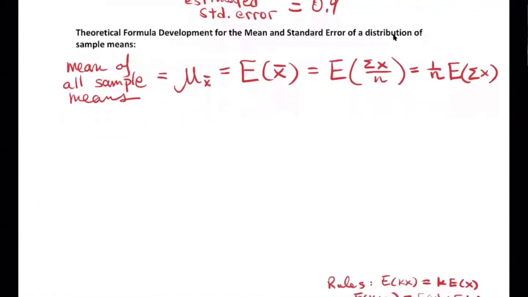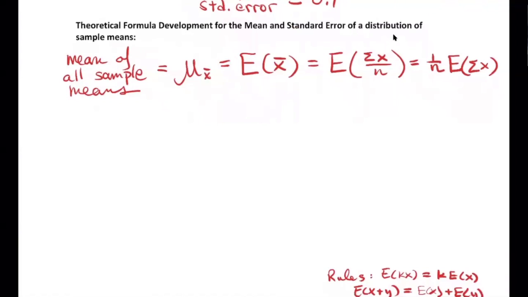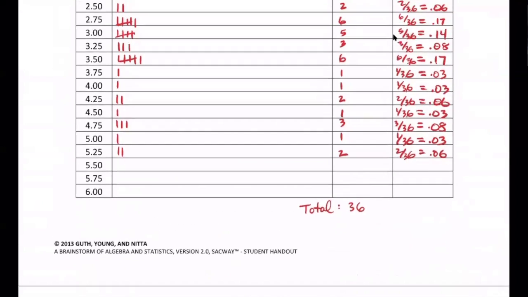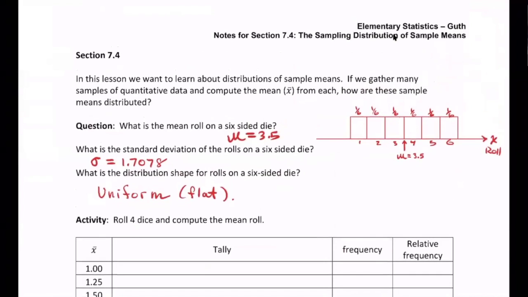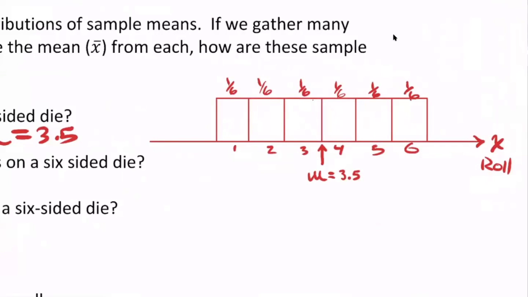Okay, but remember the expected value of a sum is the sum of expected values. So this is 1 over n times the sum of the expected value for each roll of the die. The expected value of x goes back to the actual individual rolls on a die. X was 1 roll, and the expected value, mu, is E of x. So that's going to be just 3.5.